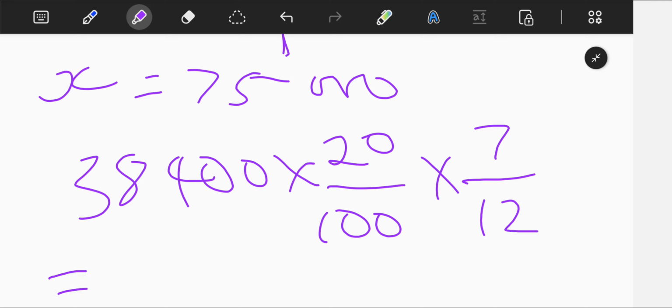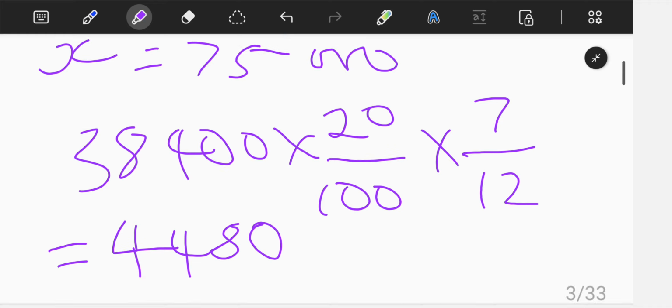And how much is the depreciation for this asset before it was sold? 38,400 multiplied by 20 divided by 100 multiplied by 7 divided by 12 is 4,480. This is the depreciation for this asset before it was sold.